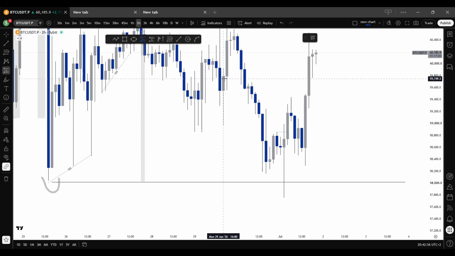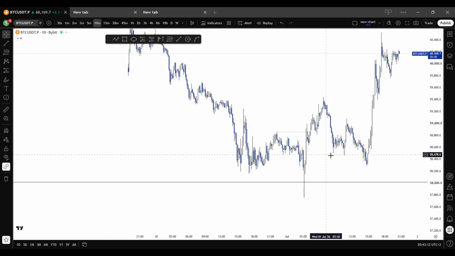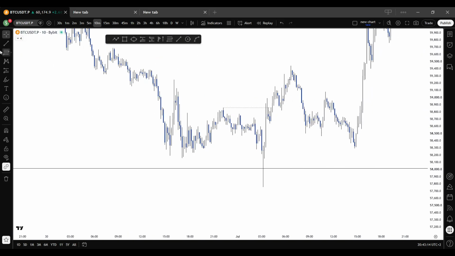Okay, it's not the best. I'm looking if there was a second entry. You're looking for a break around here. You could have technically, yeah, here was the trade.